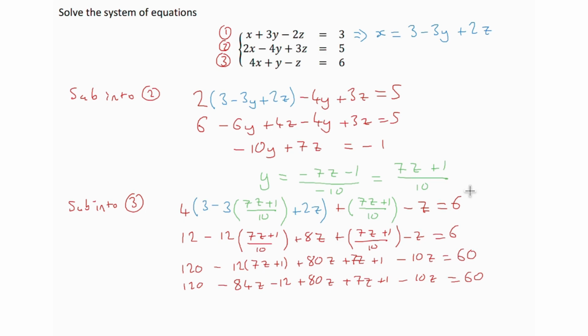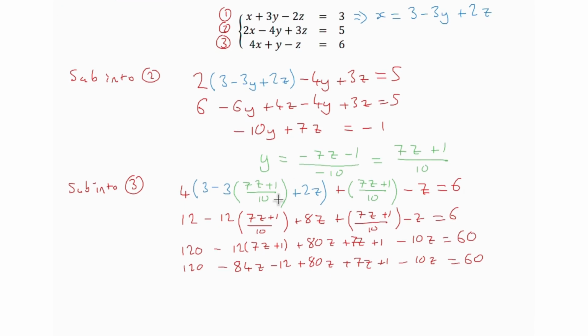This is just a linear equation in z that we need to solve. So combining all these z's, we have minus 84z plus 80z plus 7z and then minus 10z. So that gives us a total of minus 7z.